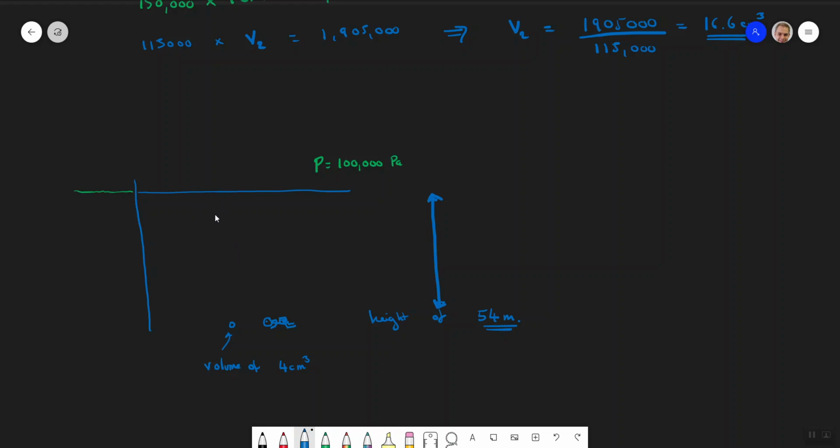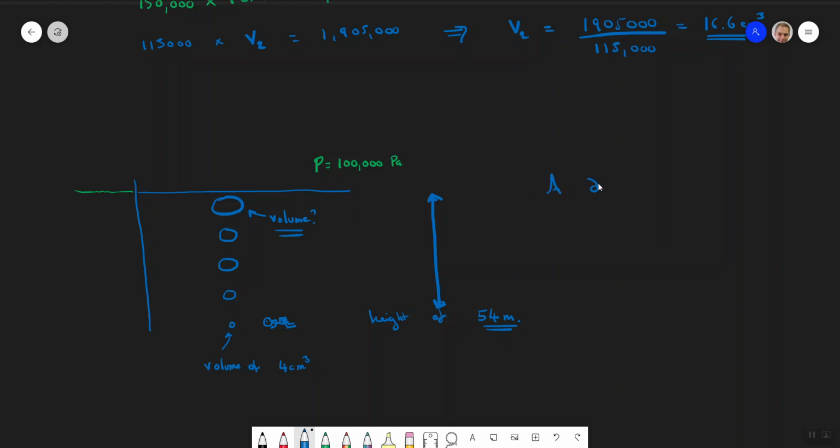And you probably get an idea that as this thing goes up, the pressure is going to decrease, and as the pressure goes down, the volume of our bubble is just going to get bigger and bigger and bigger. And eventually, what we're interested in, just as it hits the surface, as the pressure becomes 100,000 pascals, what's the volume?